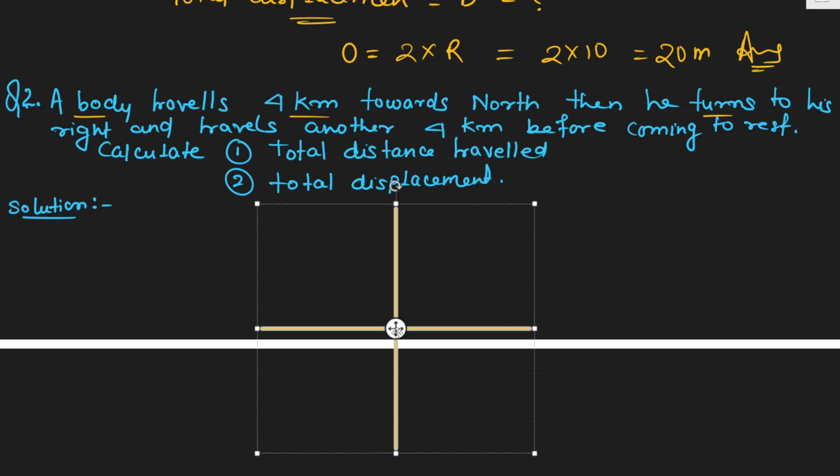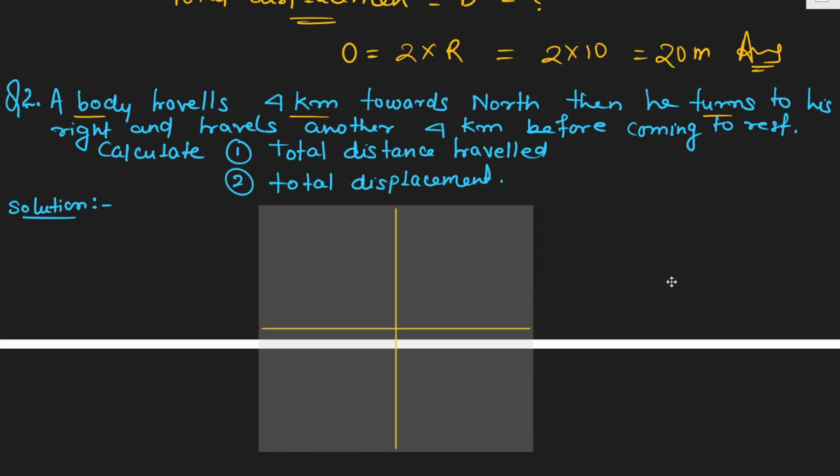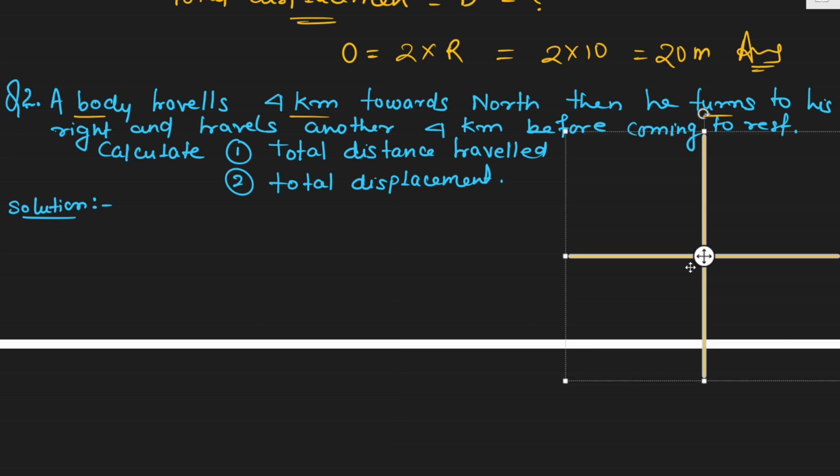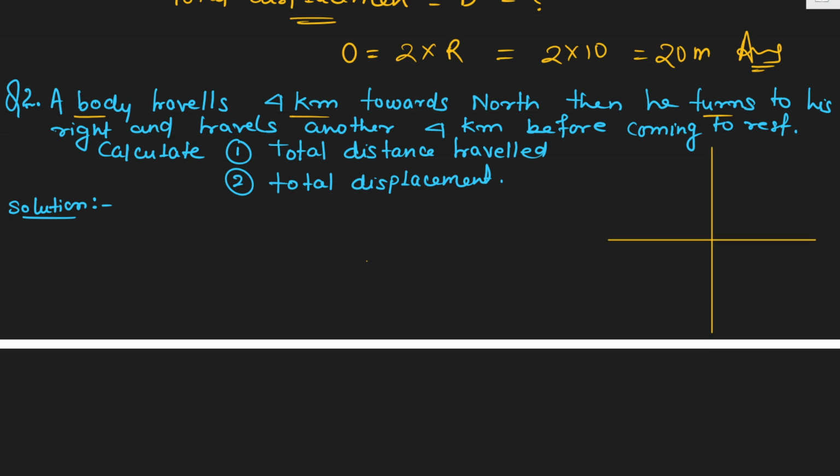So here you can see in this question it is given the body is traveling towards north. So total distance traveled and total displacement we need to measure.